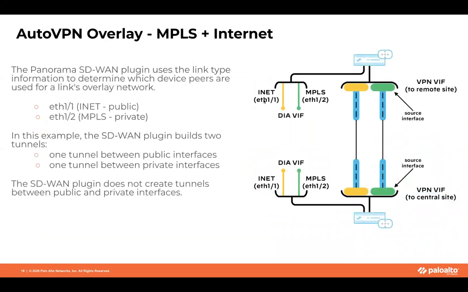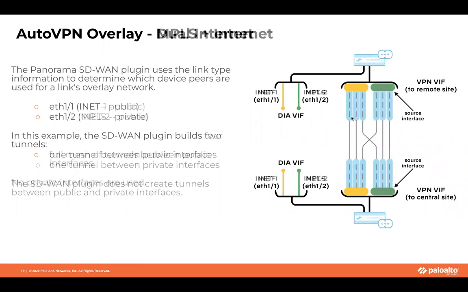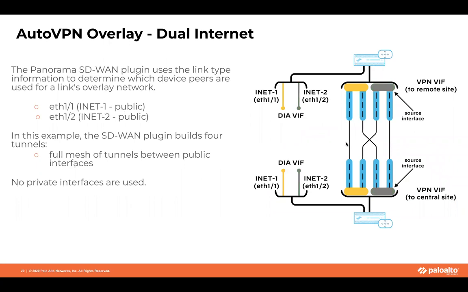And then I was just going to go over, there was a question earlier regarding some of the overlays and how they're built. So as an example, in the cases where we have a single internet and MPLS, we'll only have 2 tunnels, for example, in this case. But in the cases where we have dual internets, we'll actually have 4 available tunnel paths, because we'll build tunnels between same providers, but then also cross between the providers, right? So for 2 internet circuits, for example, we'll have 4 available paths.